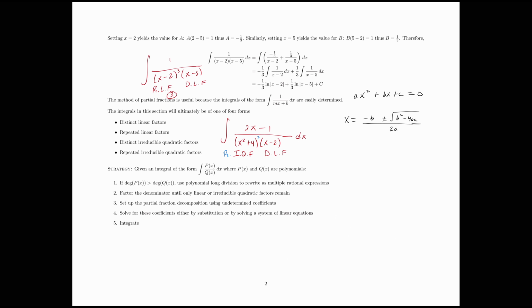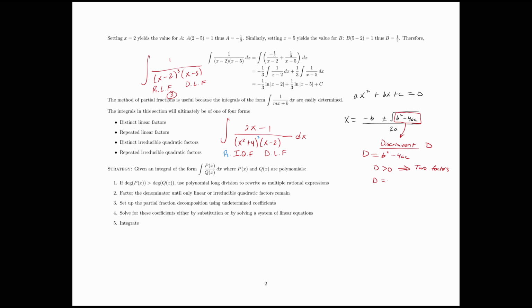Remember that this quantity on the inside of the square root is special. It's called the discriminant. I'm going to call this D for discriminant. So let D equal b squared minus 4ac. If D is greater than 0, then there are 2 factors, or 2 solutions.